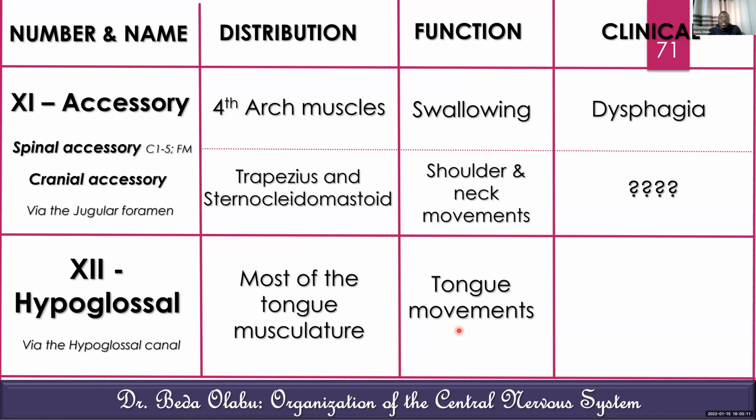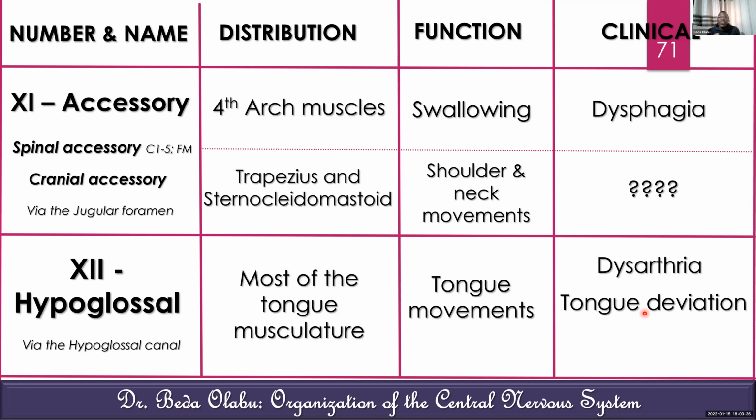So if you injure the hypoglossal nerve and the tongue muscles are paralyzed, you realize then that a patient will have difficulty in talking. But also, if you tell them to protrude their tongue, it will deviate to one side. Usually, the tongue will deviate towards the side that is paralyzed.